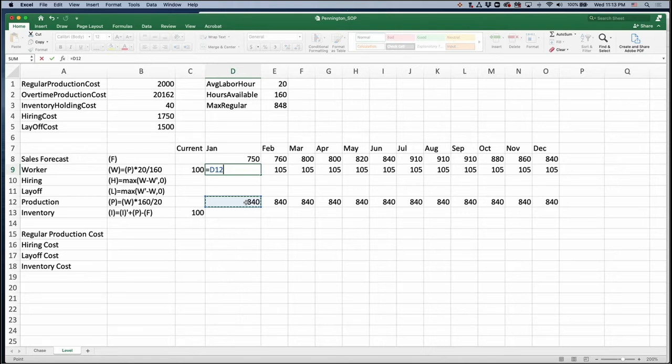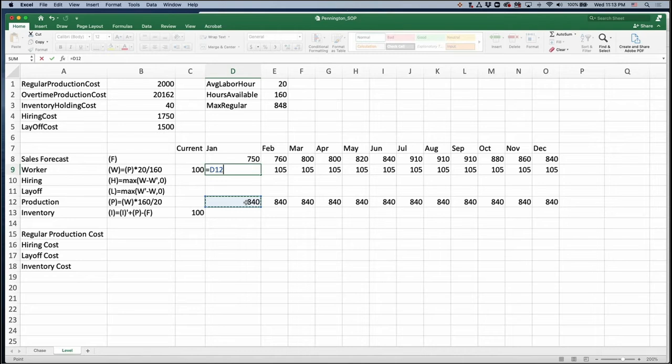So here you can use this information: production level times 20 divided by 160. You can use either this information or that information, either way. We can compute our production worker level as 105, or you can use 840.